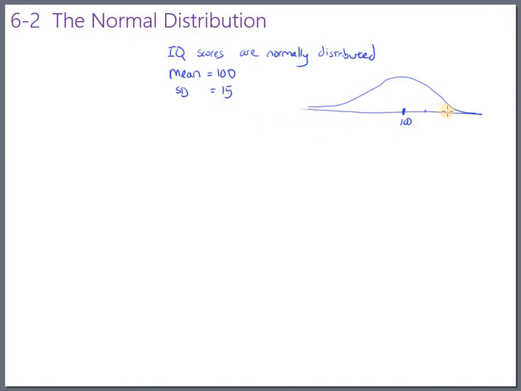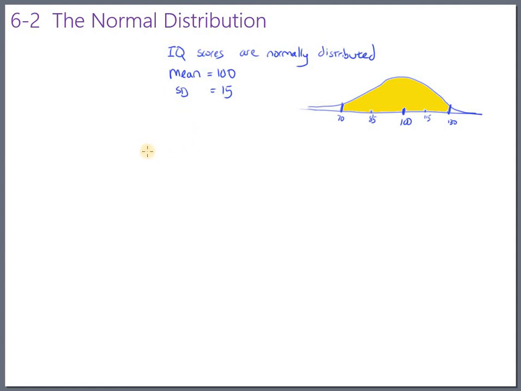Standard deviation is 15, so this would be 115, this would be 130, this would be 15 down, it would be 85, and 15 more down would be 70. So I'd say, hey, I know that almost all IQ scores fall between 70 and 130, right? So that's the vast bulk of people fall in that span.